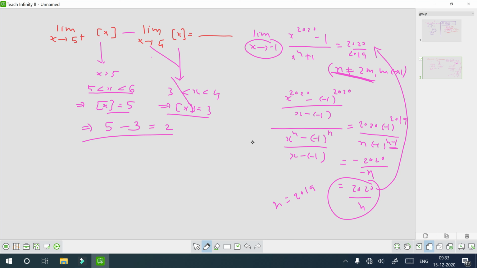Clear? Yes. Next, limit x tends to 2 plus, x square minus 4 over magnitude of x minus 2. Now see, here we want the right hand limit. This can be factorized in this way: x minus 2 times x plus 2.